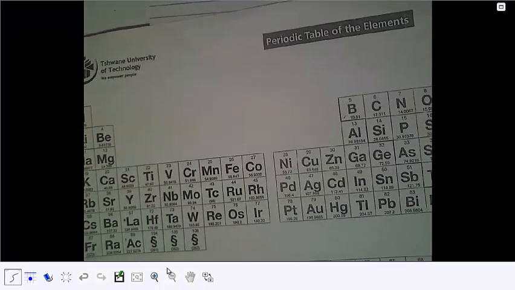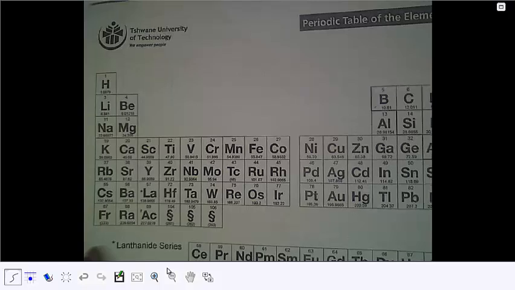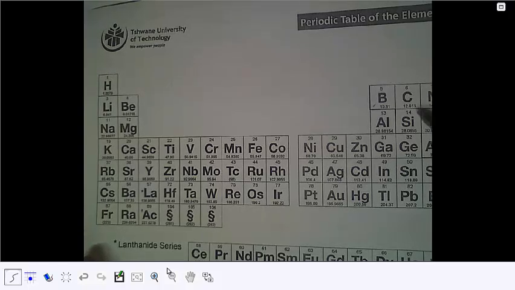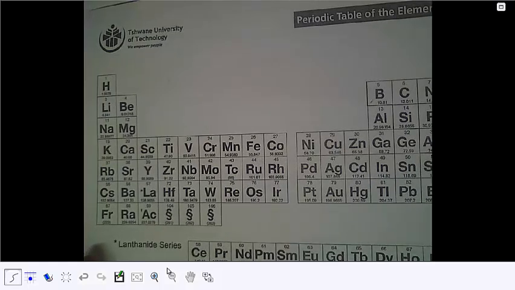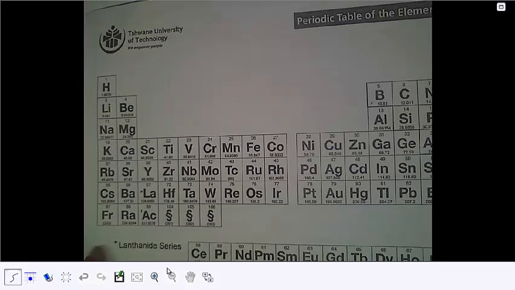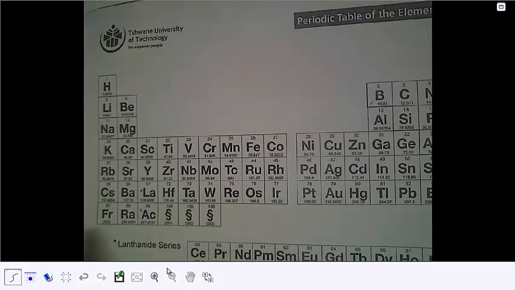On the periodic table, as you will see, the elements are listed and atomic mass units are given. 12.011 for carbon, for instance, and 55.847 for iron, 1.0079 for hydrogen, and so on. It is these masses which we use when we look at percentage composition by mass of any compound that we are looking at. So let's continue and look at the mass percentage of carbon in glucose.